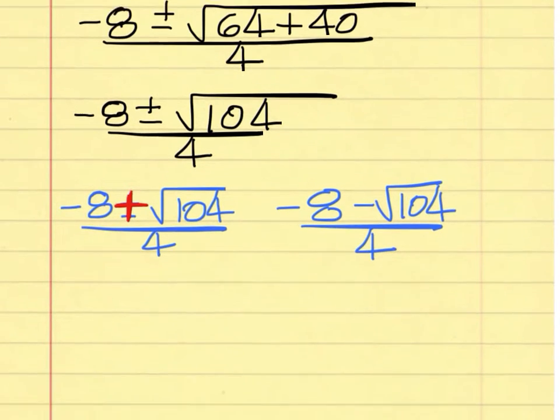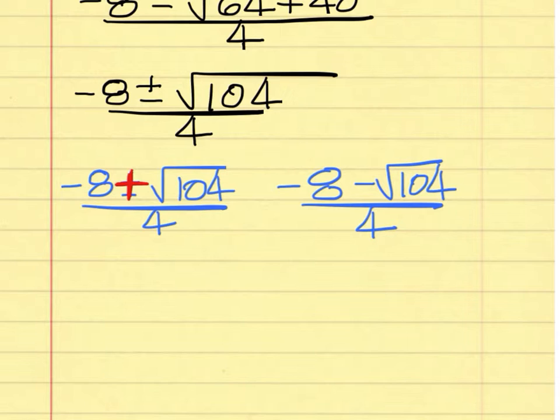And since 104 is not a perfect square, we have to go to the calculator and do this. In your calculator on the left-hand side, you're going to have to put in -8 plus the square root of 104 and hit enter. But you're not finished yet because you have to divide by 4. So then hit divide 4 and you should come out with an answer of 0.5.